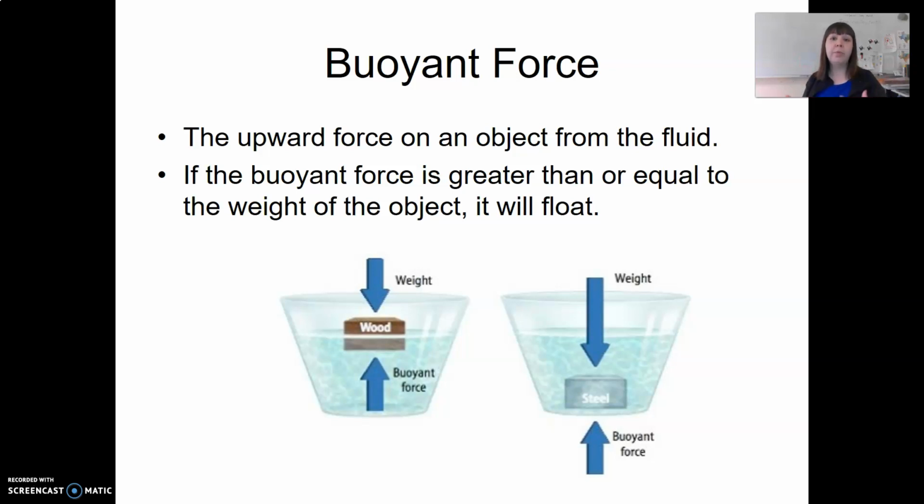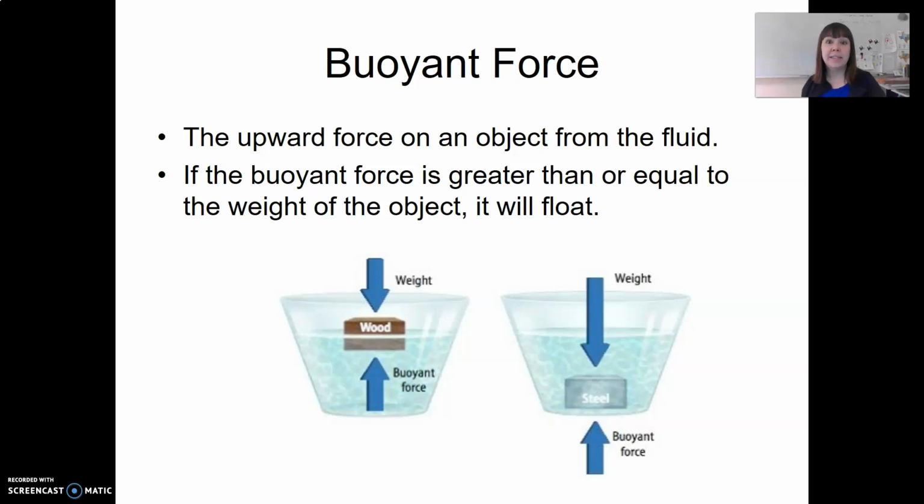If the fluid pressure, the buoyant force, is less than the weight of the object, such as in the second picture here with the steel, then the object will sink. So playing the sink or float game has to do with that buoyant pressure, the force that your fluid puts on your object.